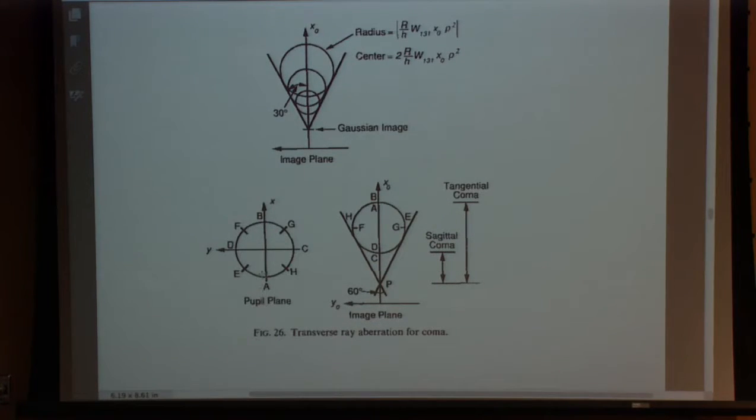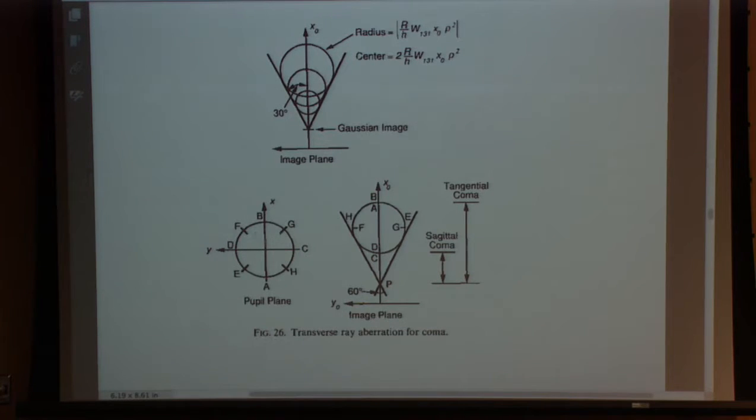But the image here, as I go around the pupil once, here's my pupil. I go around here once, I go around here half the distance, this will go around once. So as I go around this once, this is actually going to go around twice.